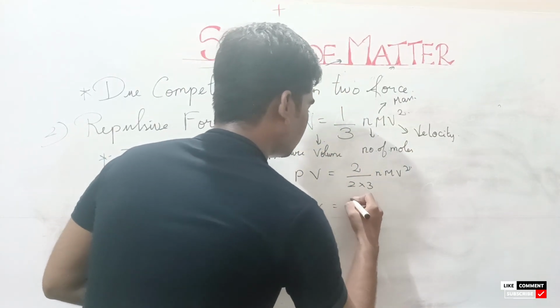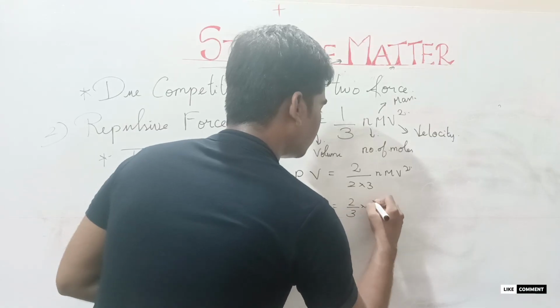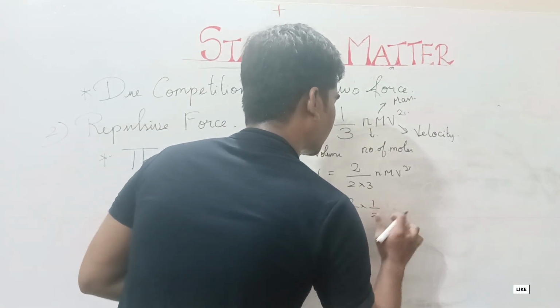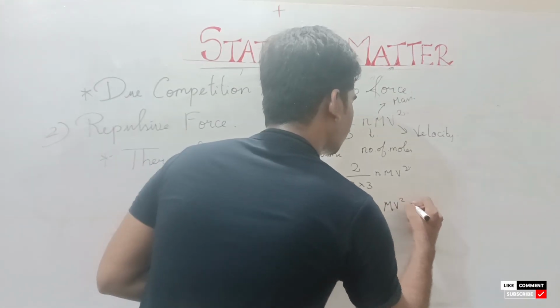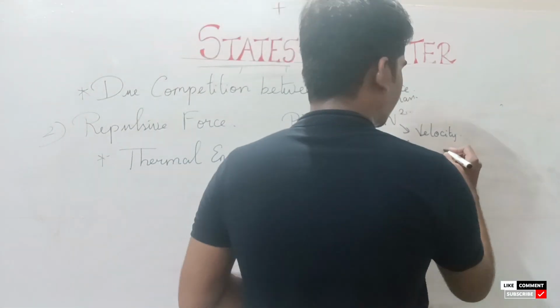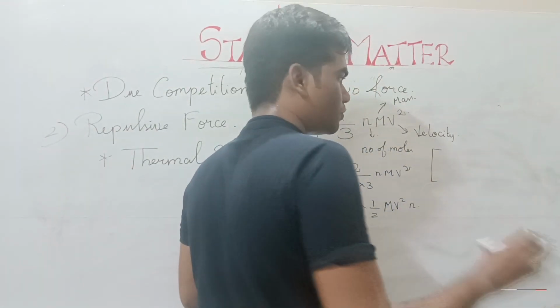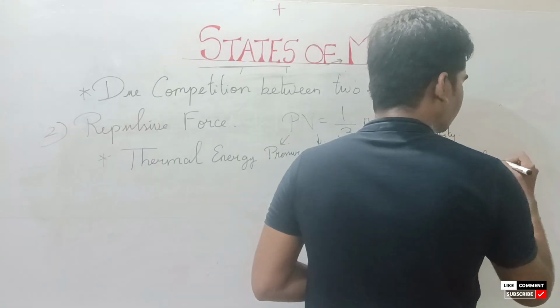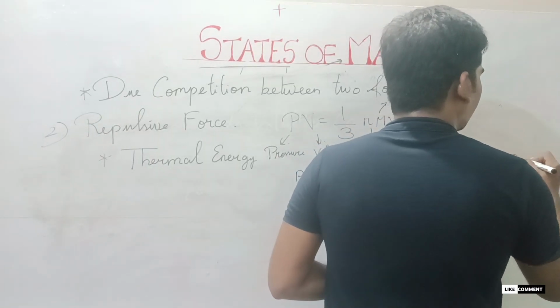PV = 2/3 into 1/2 M V squared into N. This PV comes from the ideal gas equation, which I will also teach you, don't worry. This is the ideal gas equation.